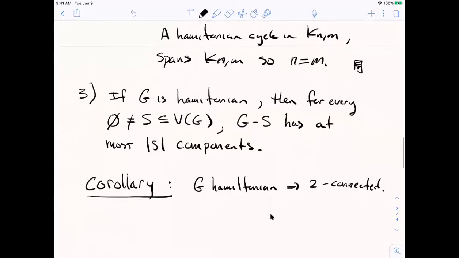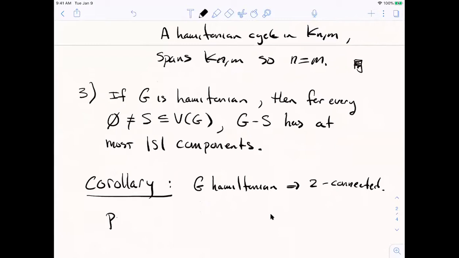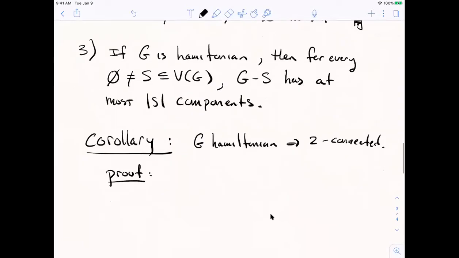So how do we prove that from this number 3? Well, maybe before we even think about that, a Hamiltonian graph has to be connected. Let's maybe start by saying that.